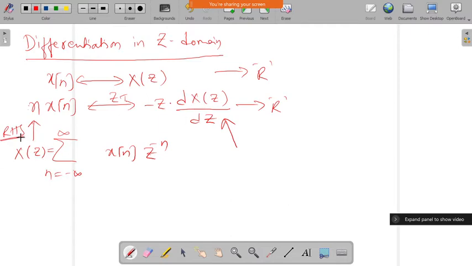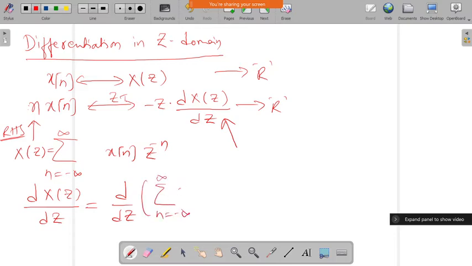So, first I write the X of z equation. Now, I will differentiate the term, that is dX of z divided by dz. I will differentiate this X of z. So, it will give d by dz of summation n equal to minus infinity to plus infinity x of n into z power minus n.